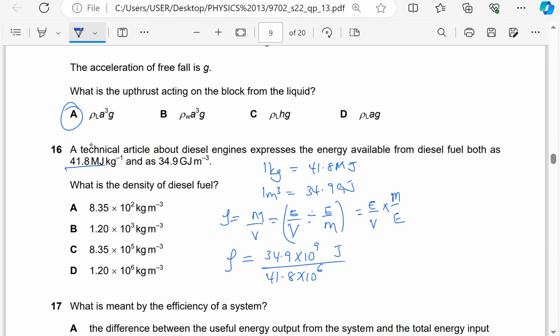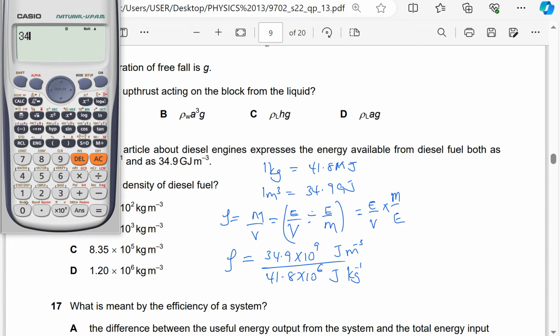So this is joules per meter cubed, and this is joules per kilogram. So I'll just divide this: 34.9 exponent 9 divided by 41.8 exponent 6. So this is 834.9, or 835.